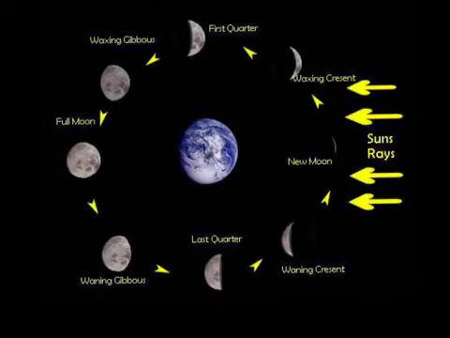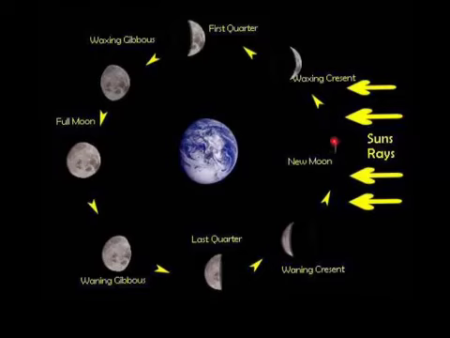Just like the Earth orbits the Sun counterclockwise, the Moon also orbits the Earth counterclockwise. And so today we're going to start by looking at where the Moon is between the Earth and the Sun. Here is the Sun, here's the Earth, and here's the Moon.